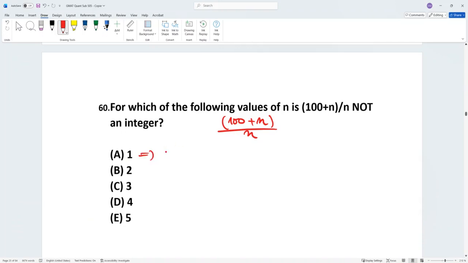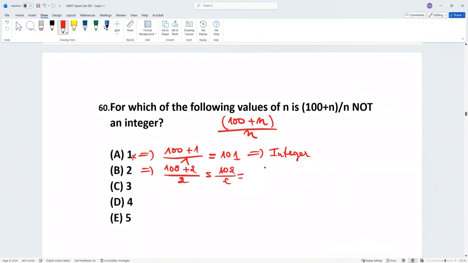Here we have 100 plus 1 over 1, which gives us 101. So this is an integer, and that's not our answer. Here we'll have 100 plus 2 over 2, 102 divided by 2 will give us 51. 51 is an integer. This is not our answer as well.